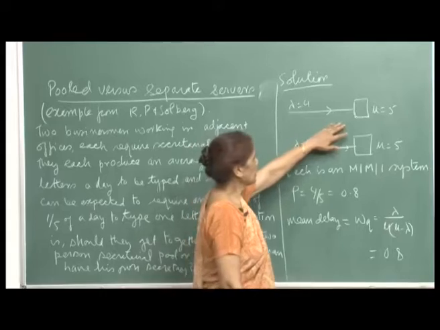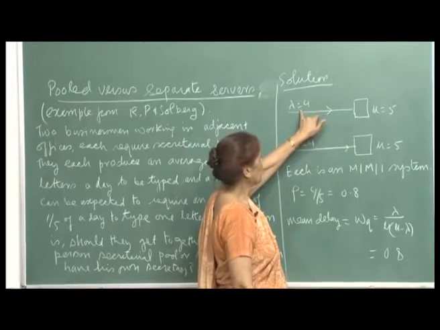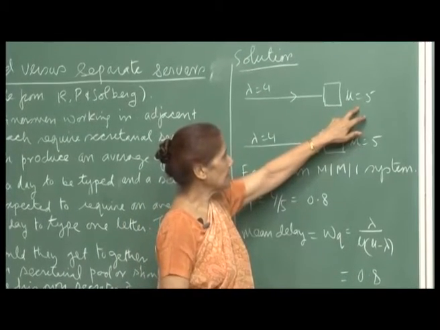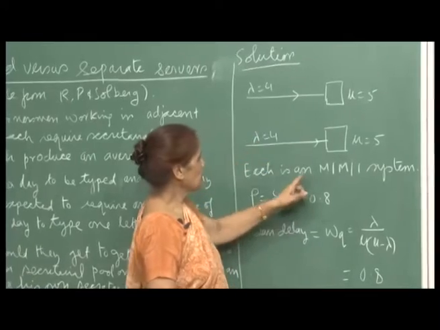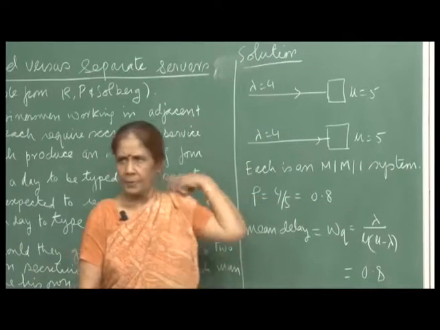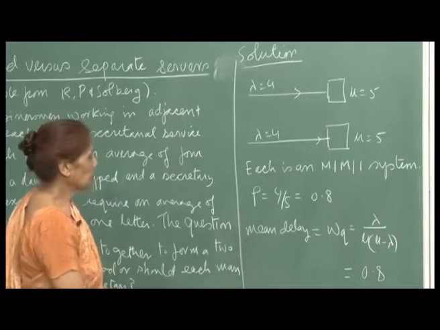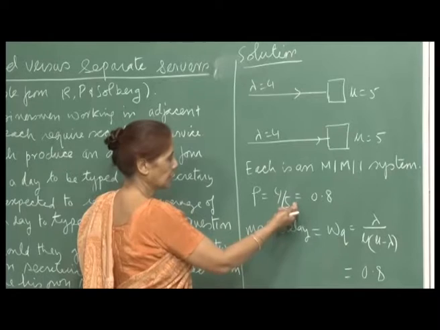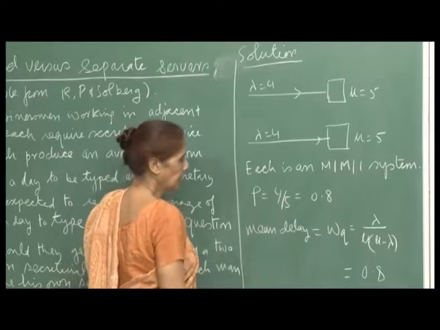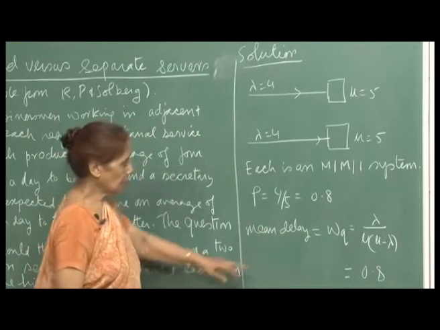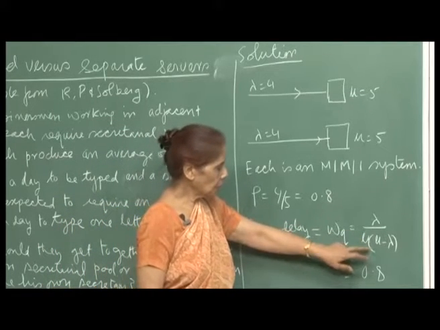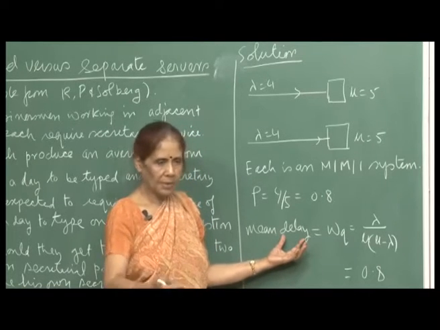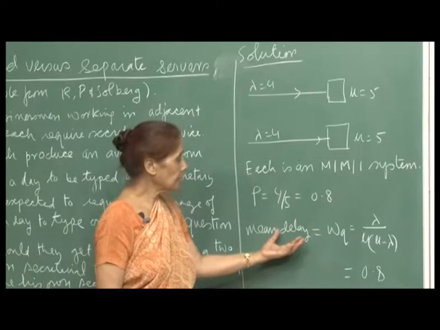If you take a single system, the input is 4 letters a day, and the secretary is typing 5 letters a day. So, each system can be considered as an M/M/1 system, right. And therefore, your rho, the utilization factor, will be 4/5, which is 0.8, and the mean delay, which is Wq, means that a letter has to wait for some time before it gets started to be typed by a secretary.